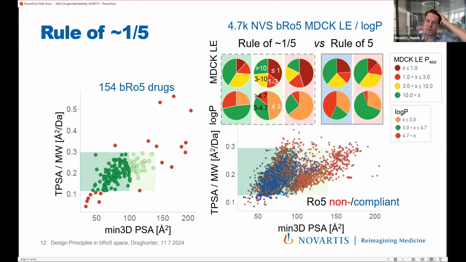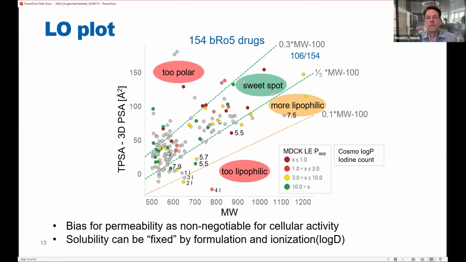So this is an intriguing consequence of not considering that too low lipophilicity can also be a bad thing for permeability. On the next slide, we see a more interesting version of that plot.